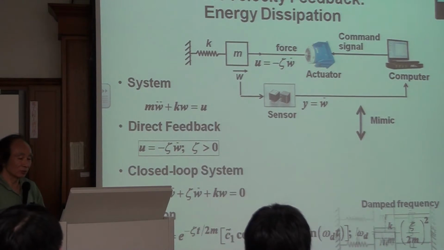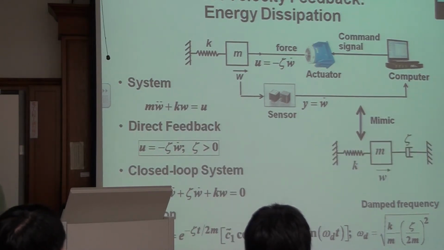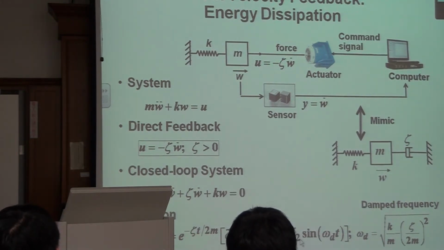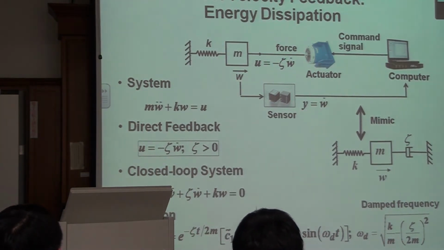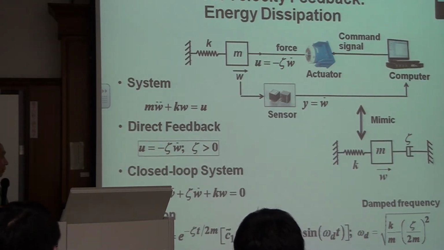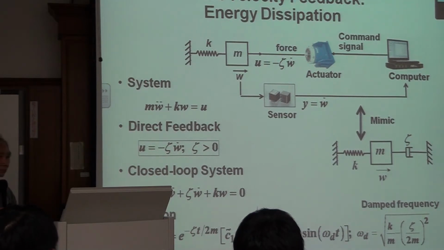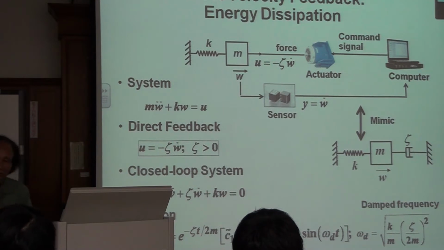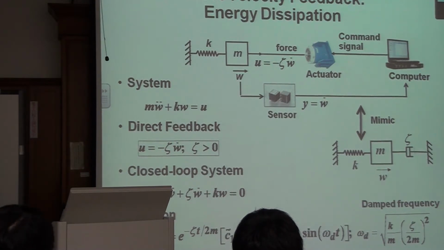That is equivalent to adding a dashpot to it. So that means to a passive system, you add a dashpot to the system. And we know that if you have a dashpot there, your energy is dissipated. Right?